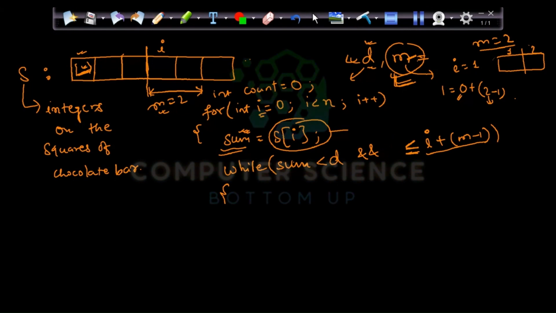So I have to do this also, let me take j is equal to i plus 1, and j less than or equal to i plus m minus 1.